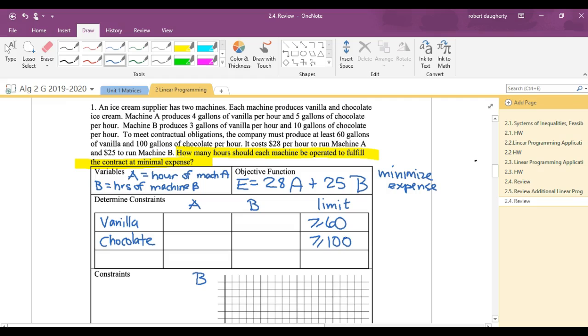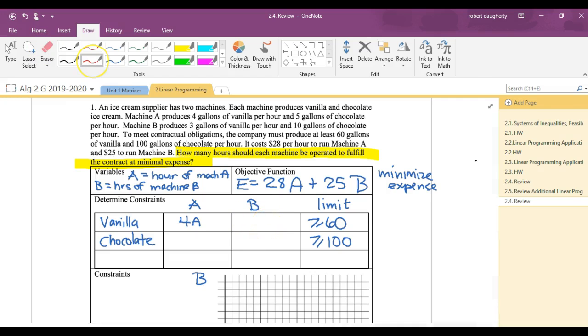Then I just go look and see, what does it tell me about machine A? Machine A can produce 4 gallons of vanilla, and it can produce 5 gallons of chocolate. Sorry, let me write that.